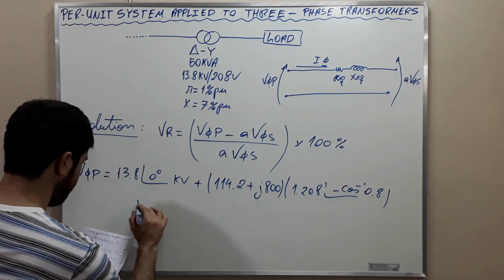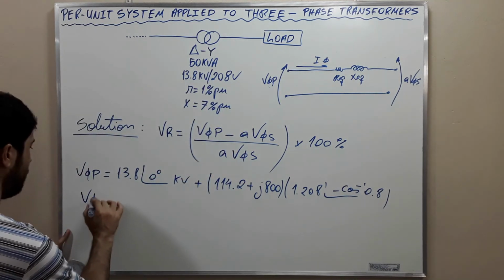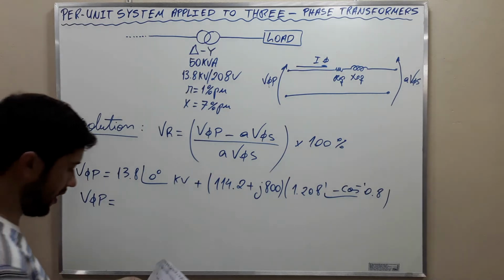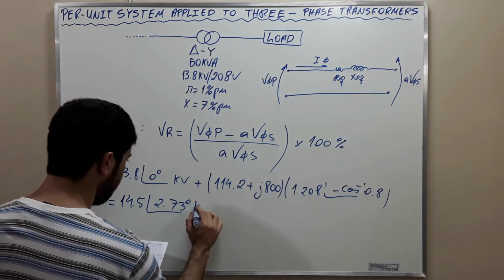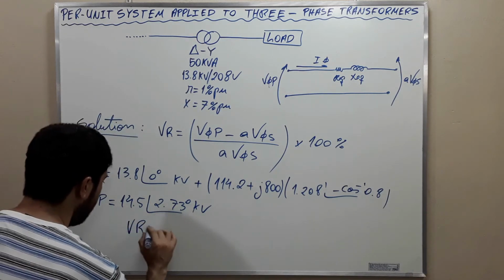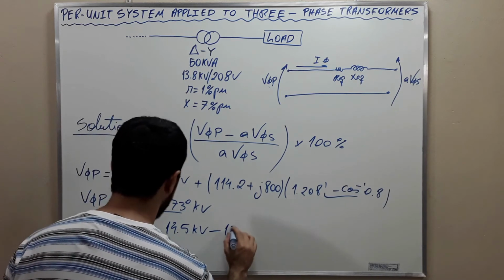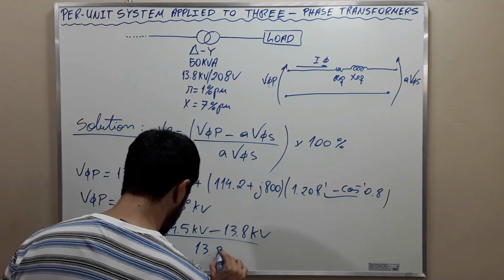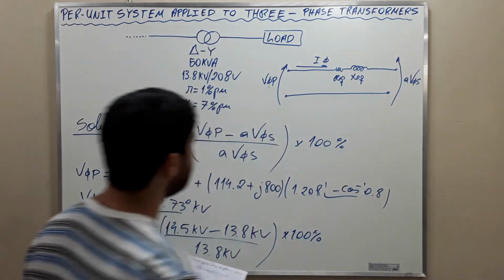Then the voltage regulation. The value of the voltage, multiplying here and summing with this, you find a value of 14.5 phase 2.73 degrees kV, and the voltage regulation will be VR equals 14.5 kV minus 13.8 kV divided by 13.8 kV times 100%.